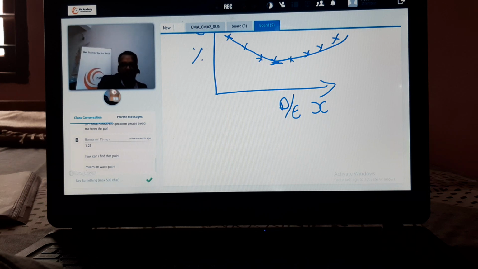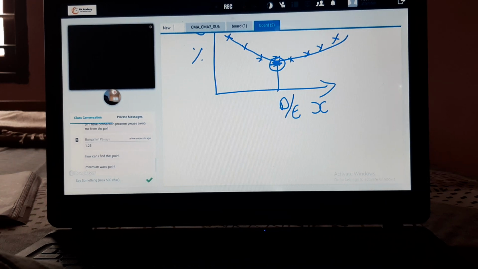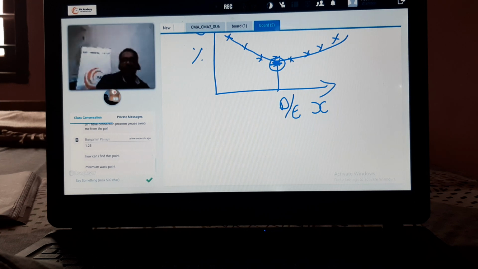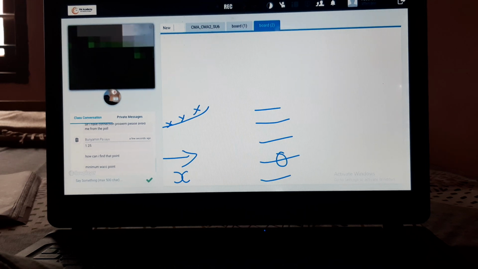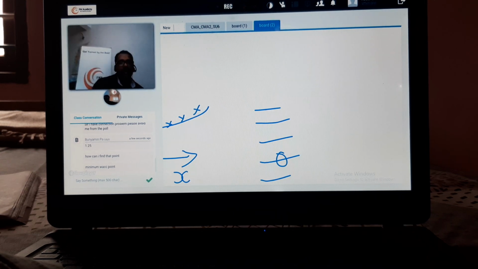You can identify, no? This is the point. At this point, what is the debt to equity? Or you can get a table. You can identify the minimum. Graphically, just to make you a point, they are plotting a graph. The graph is nothing but a graphical representation of the data.